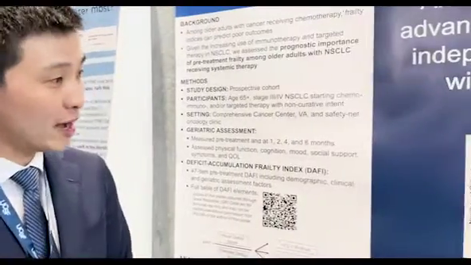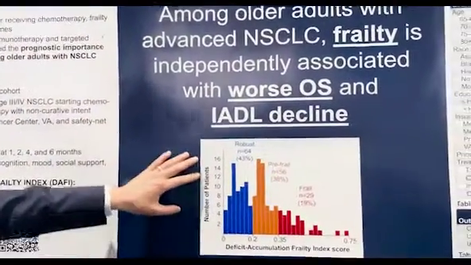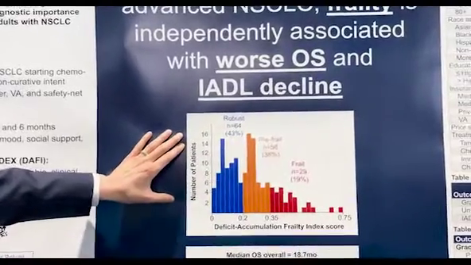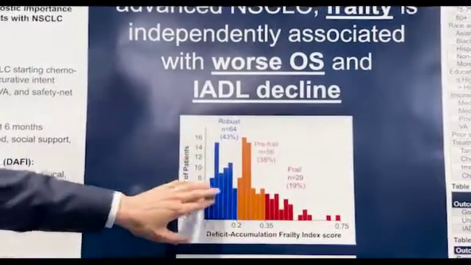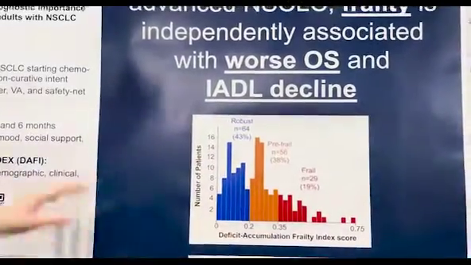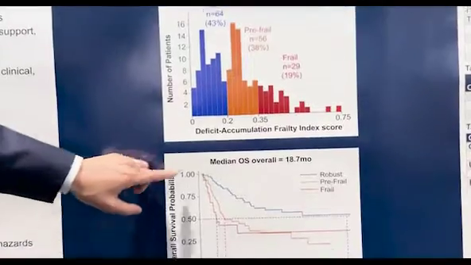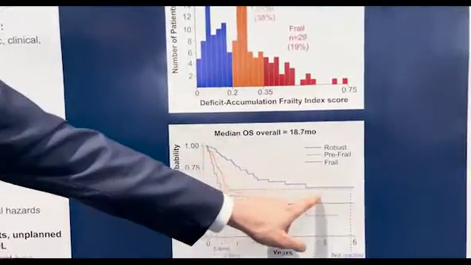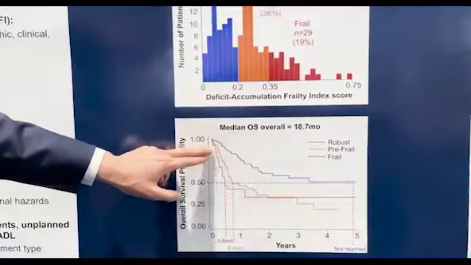And so what we found was that when you actually separate patients out, and this just shows you the population of patients we had, 43% were robust, 38% were pre-frail, 19% were frail by this frailty index, and then we looked at their survival. And what we saw was that the robust patients tended to live much longer than patients who were either frail or pre-frail, here in the red and the orange.